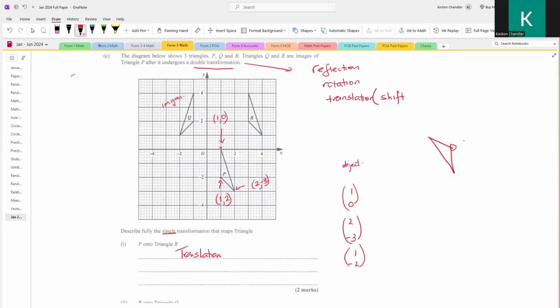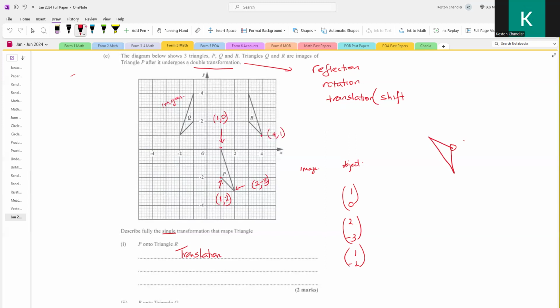Now let's look at the image. This point here, which will correspond to the 2, -3, is the point 4, 1. I'm going to start from the top and label all the points first.